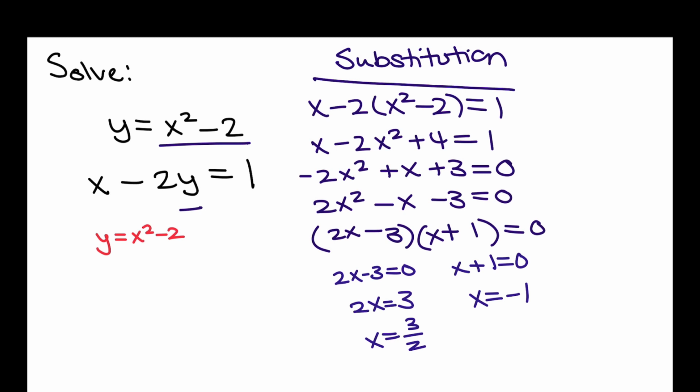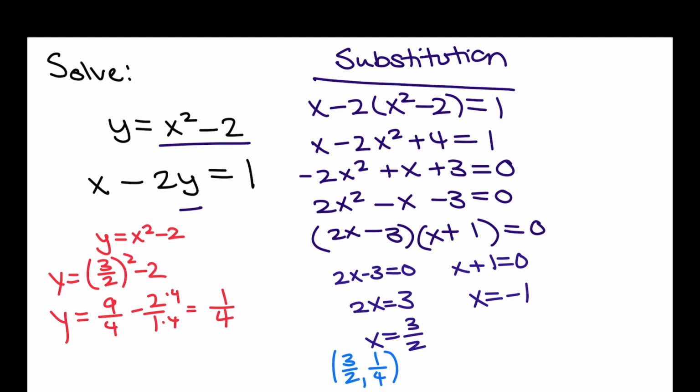To find the corresponding y values, we can take these two x values and plug them into either equation. I'm going to plug them into y equals x squared minus 2. So if x is 3/2, y is 3/2 squared minus 2. That's 9/4 minus 2, or 9/4 minus 8/4, that's 1/4.